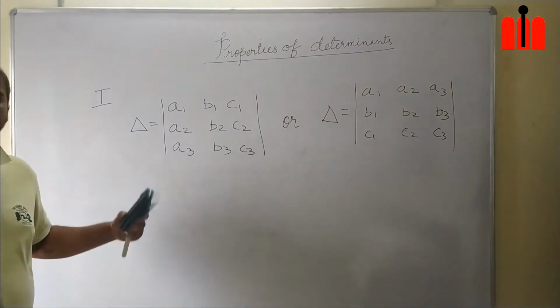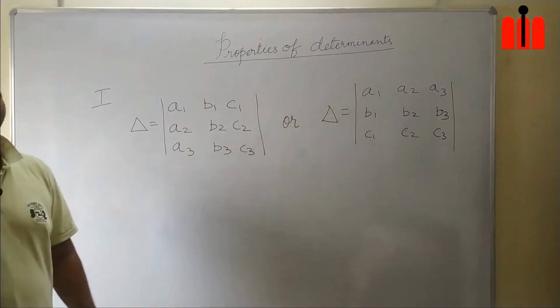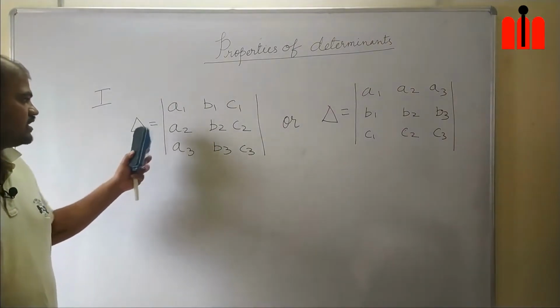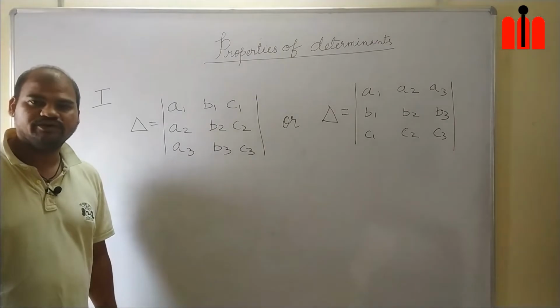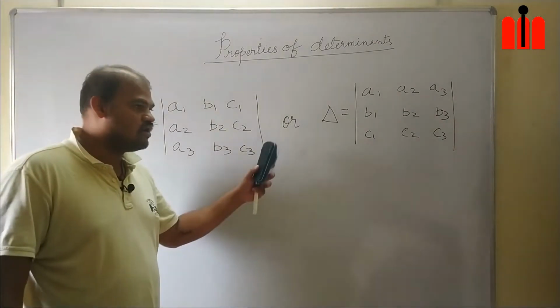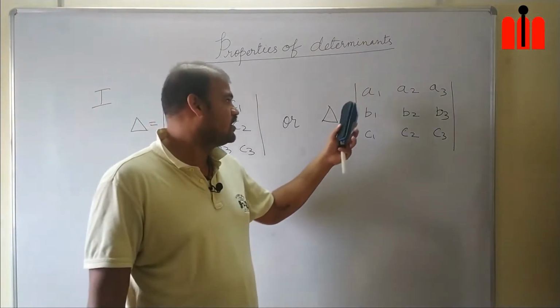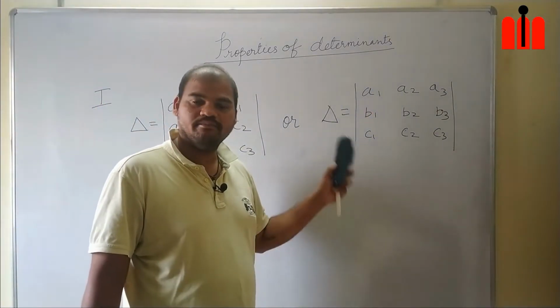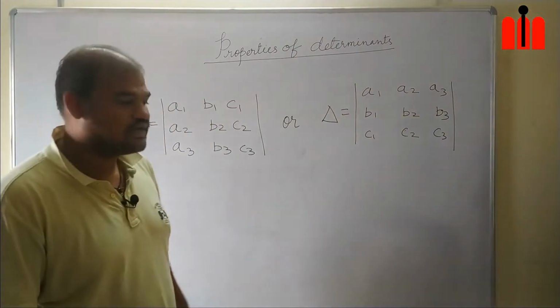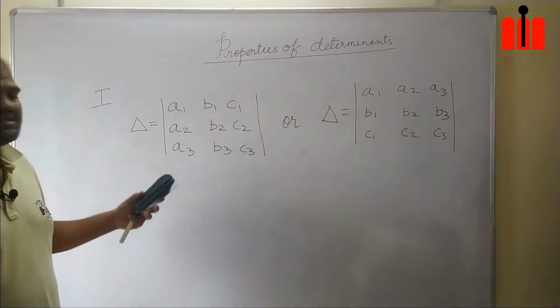Let's go through our property number 1. What does property number 1 say? Suppose my delta is A1, B1, C1, A2, B2, C2, A3, B3, C3, or my delta will be A1, A2, A3, B1, B2, B3, C1, C2, C3. So what are the changes you have seen?